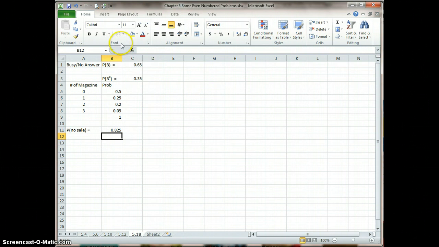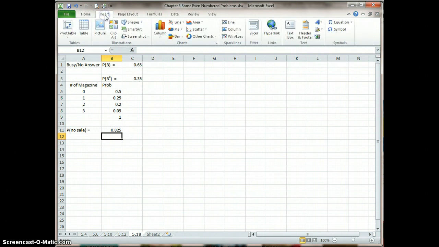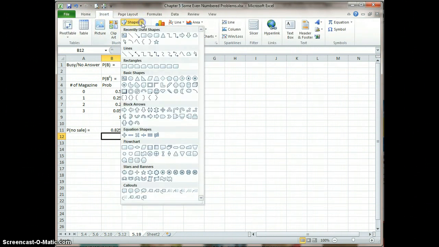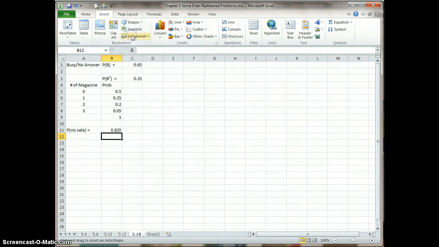So let's insert one of those just to show it to you graphically. I am going to insert the shape being the line, and I'll draw it starting right here.